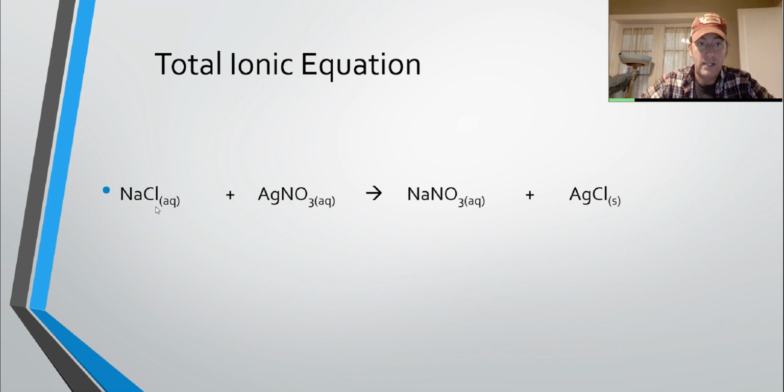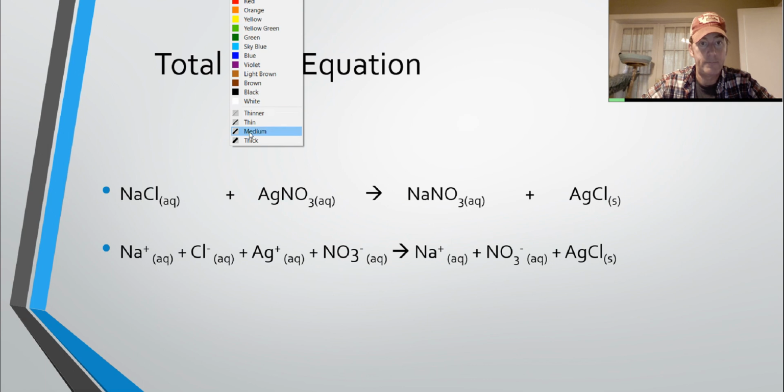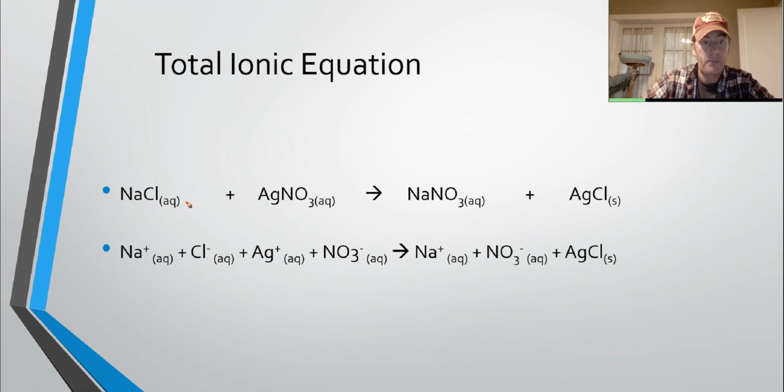Now, when we talk about the total ionic equation, we got to think, well, what does it mean to be aqueous? It means that it gets pulled apart by the water into those ions. So as you see this getting pulled apart into the ions, I'm showing that by having the charges put here. It's still aqueous. We still need to put the states of matter. The chloride is our negative ion.